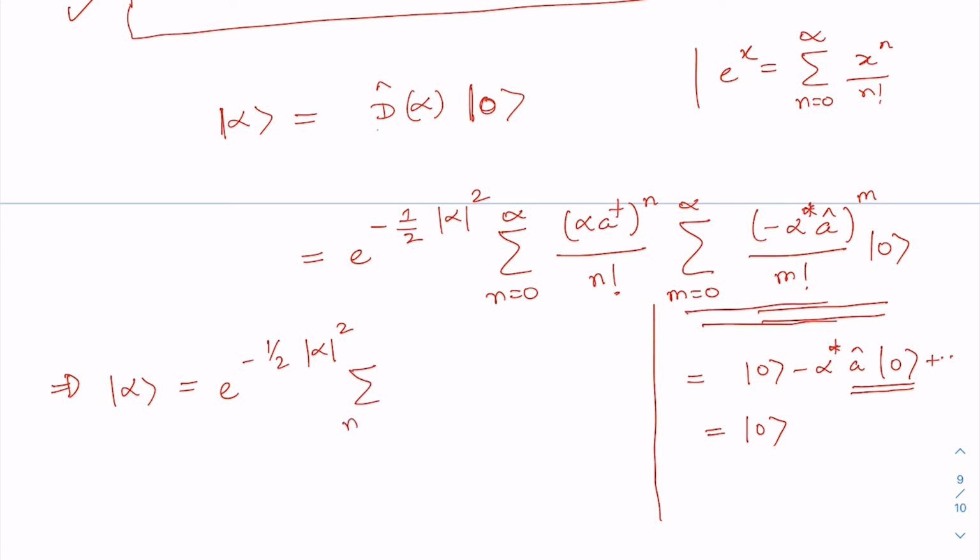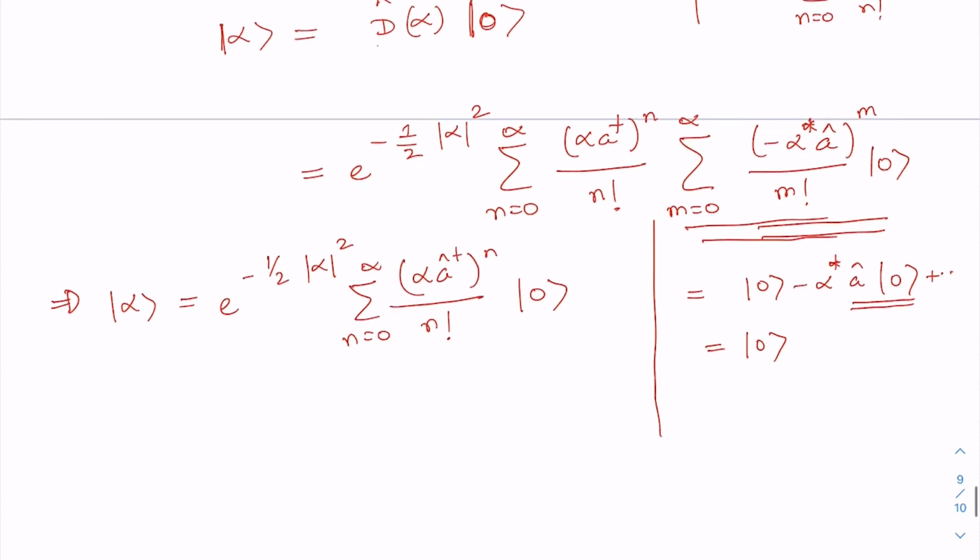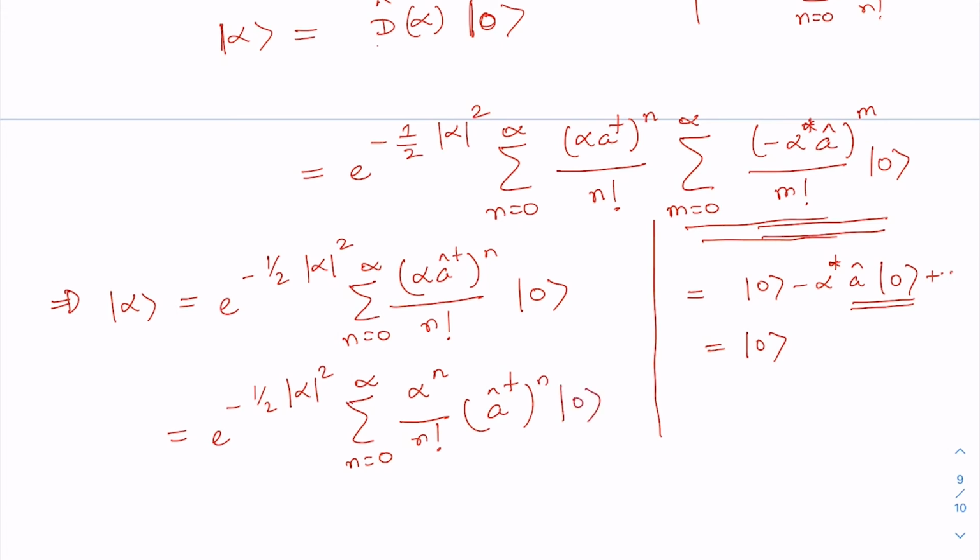So therefore I write it as summation n is equal to 0 to infinity, alpha a dagger to the power n divided by n factorial, then ket 0. And now the second step, with the factor e to the power minus half mod alpha square, you could write it as summation n is equal to 0 to infinity, alpha to the power n by n factorial, and then you have a dagger to the power n operated on this ket 0.